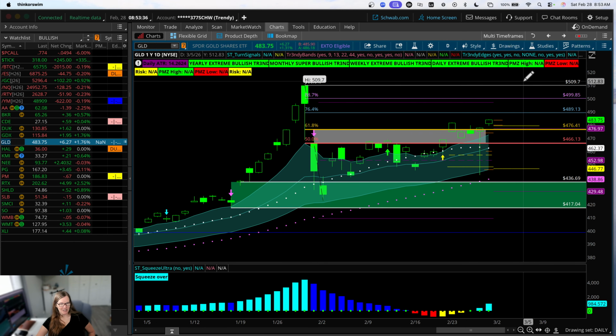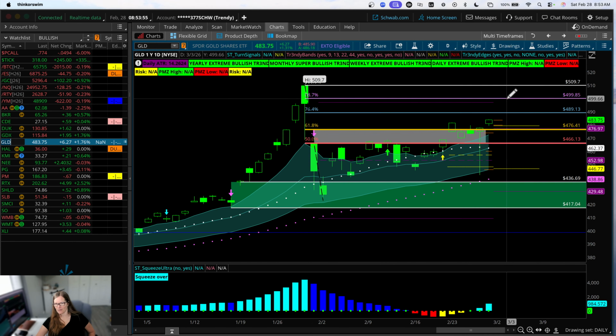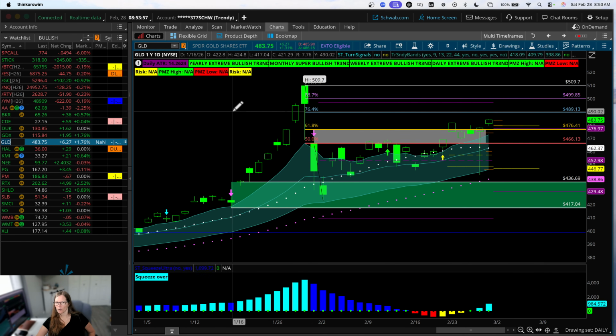About every $10, right? I'm day trading gold, and that's my focus right now. But if you want the swing trade, this zone is what I would use as the buy zone, and these would be my targets for a swing trade.